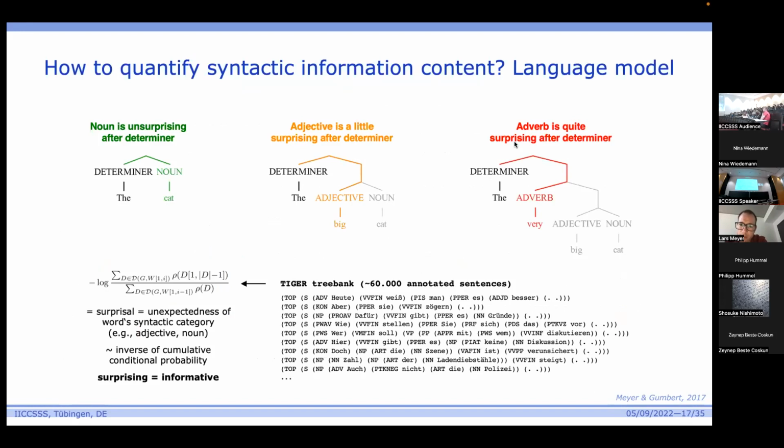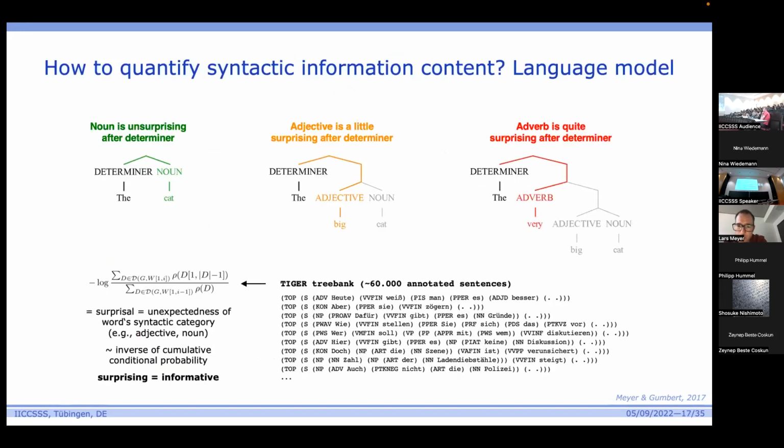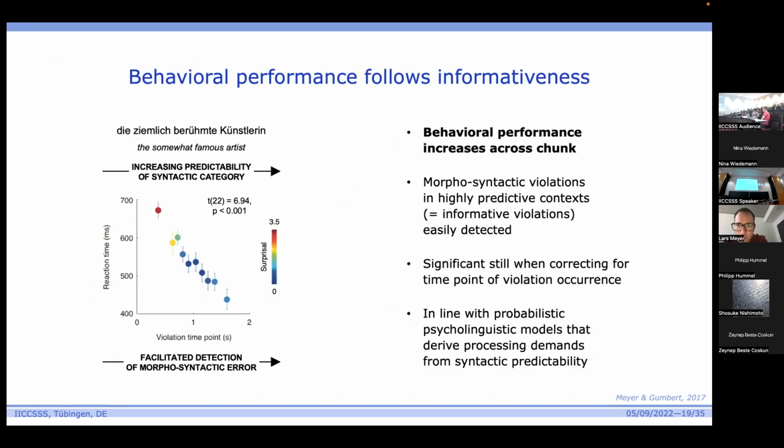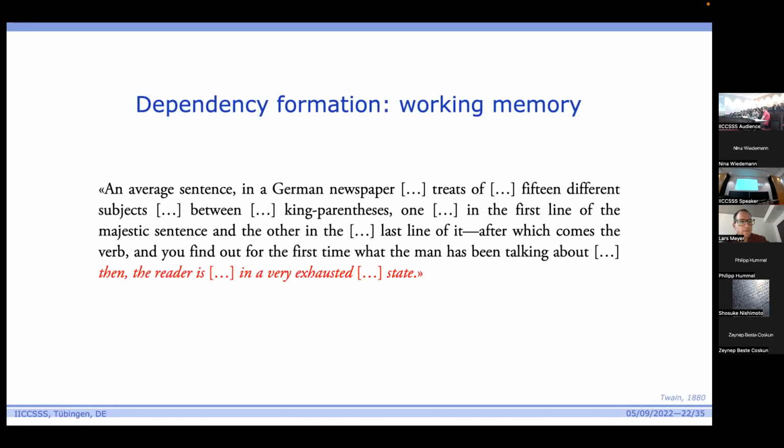We have this hierarchical structure in there, and we're quantifying the probability of parts of speech to occur based on the annotated corpus. And then we regress this against the EEG. Whether this is meaningful, I have to ask the linguists whether this is a good theory to start with. Many people think so. I'm skeptical.